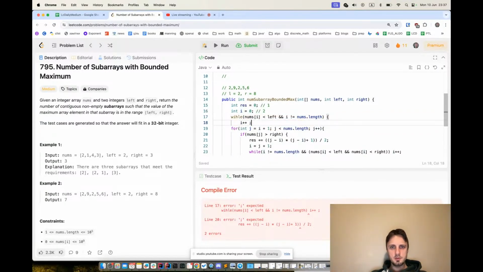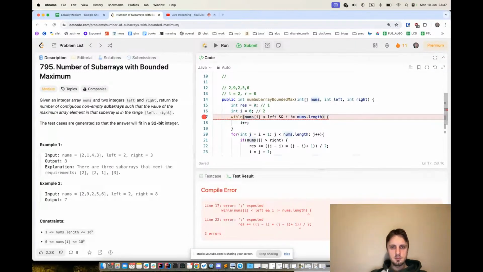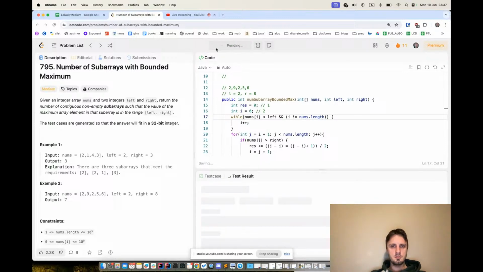What's the problem with this? I don't understand. nums[i] is less than left, and i is not equal to nums length. I don't know.